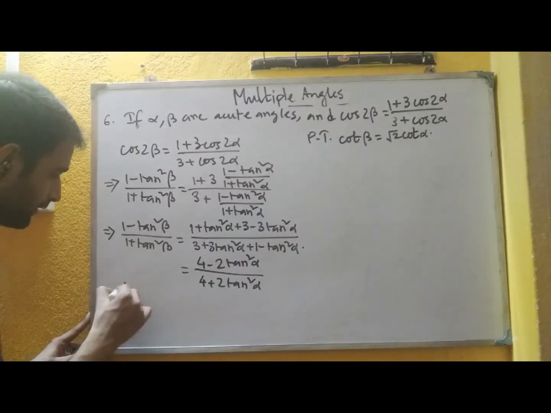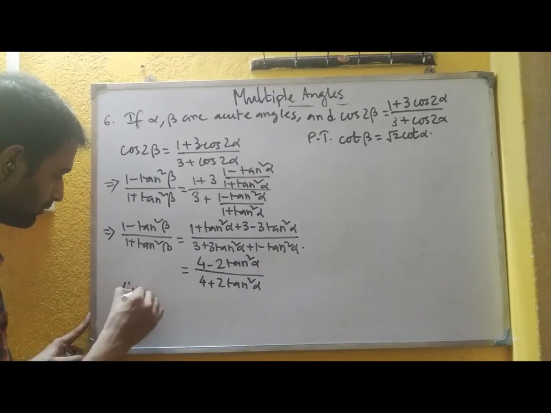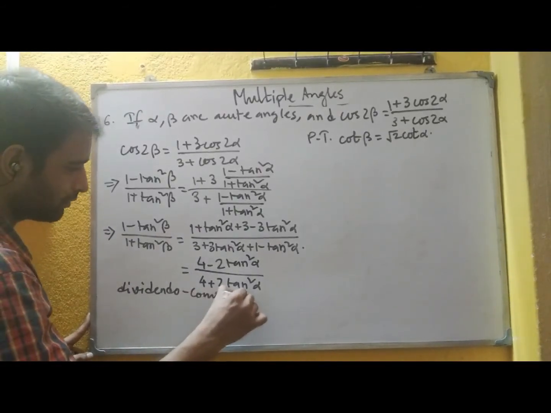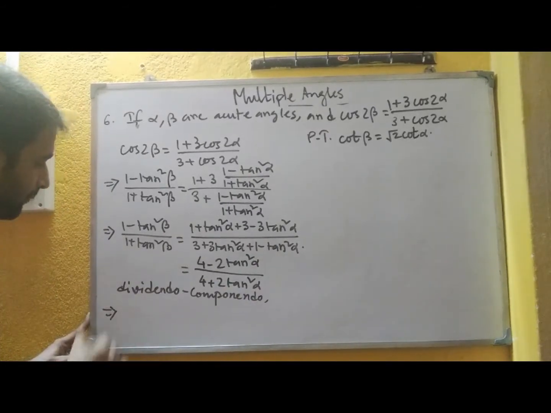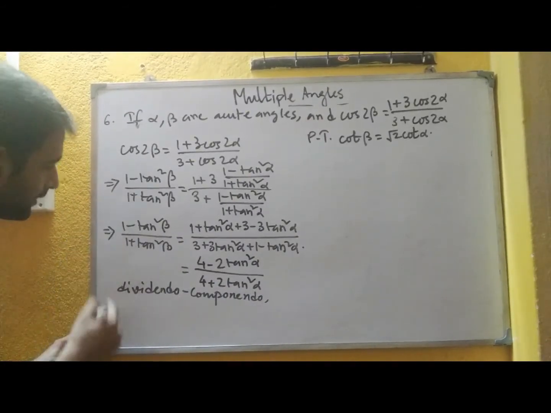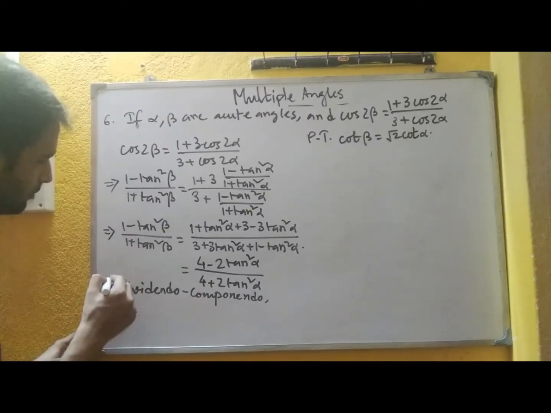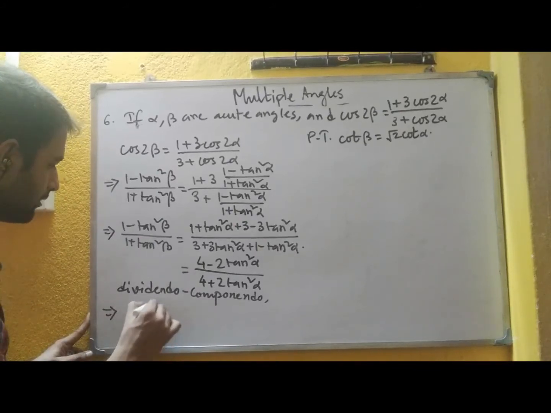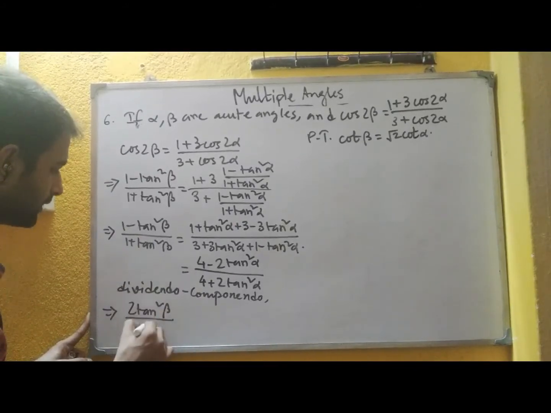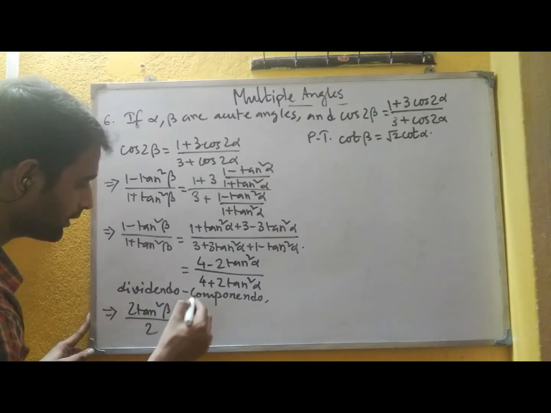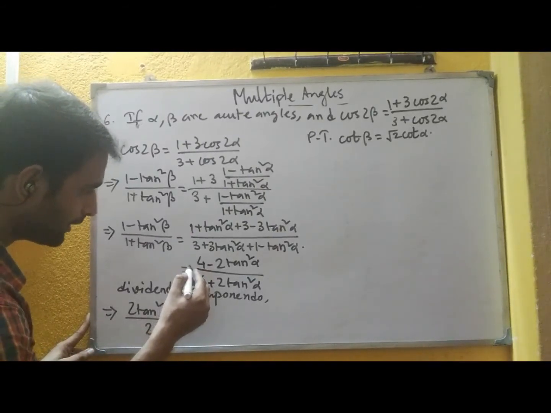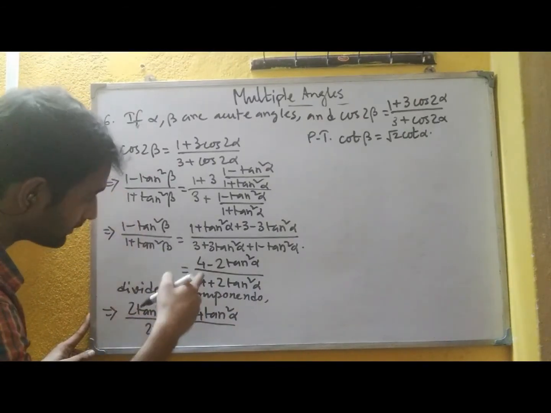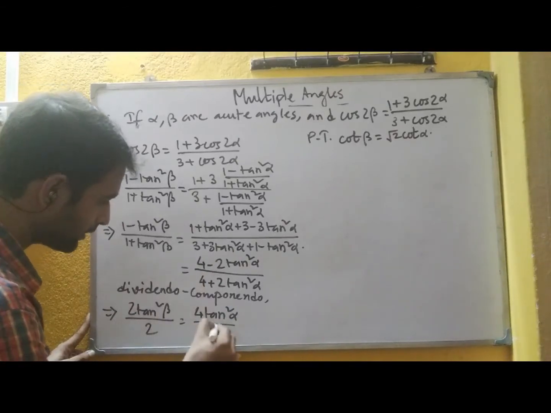So after applying componendo and dividendo, what we are getting, see it is b plus a, that is 2, sorry, it is b minus a, that is 2 tan square beta divided by b plus a, that is 2, is equal to b minus a, so it is 4 tan square alpha divided by b plus a, so it is 8.